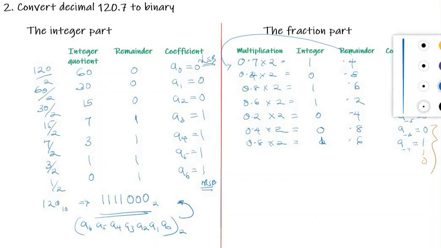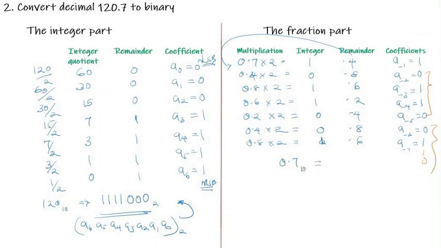Therefore, we can say that 0.7 can be given as 0.101100110011 and so on. This can be written as 0.10110 with an overbar to show those bits that keep on repeating.